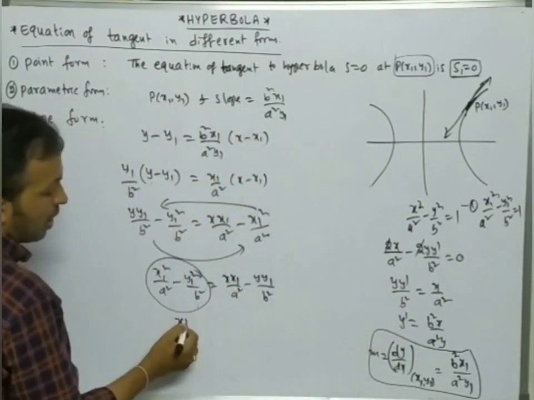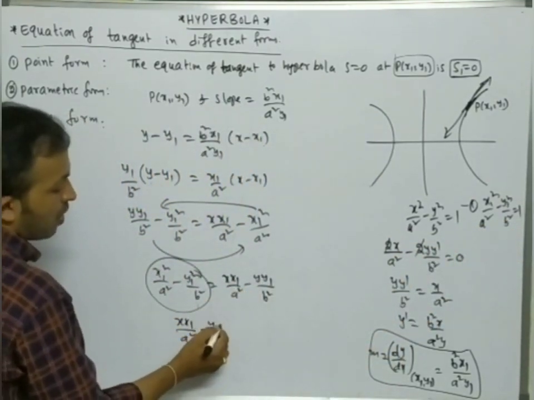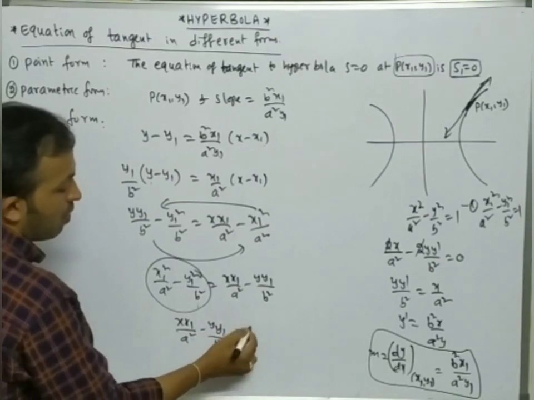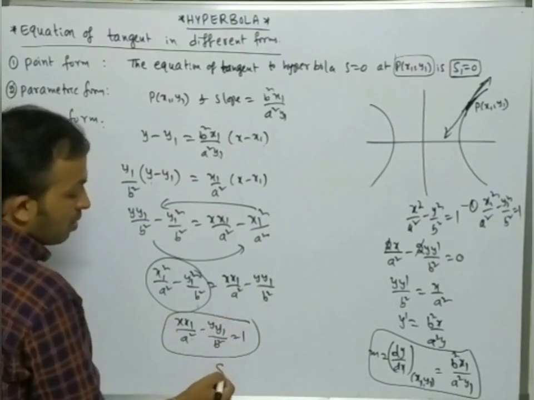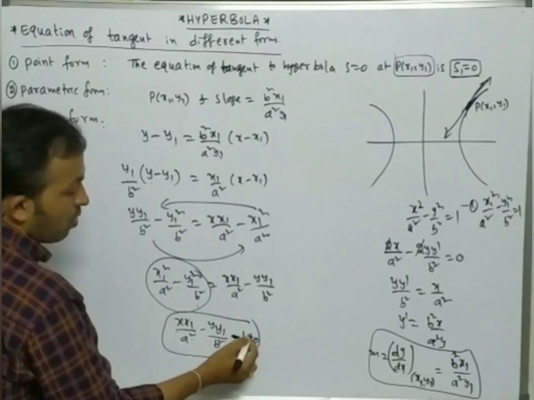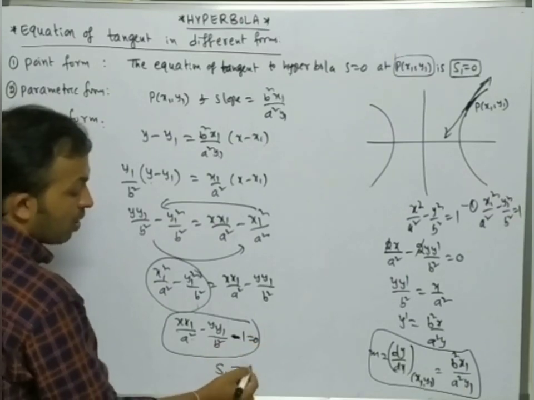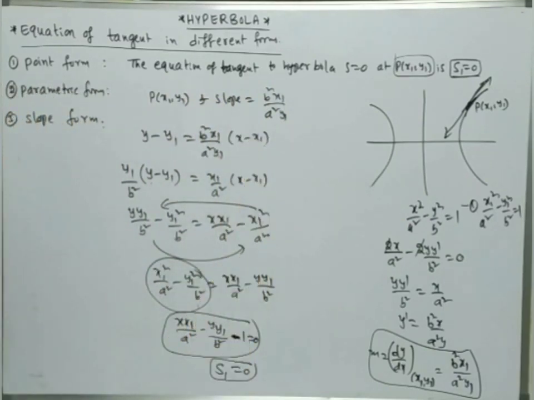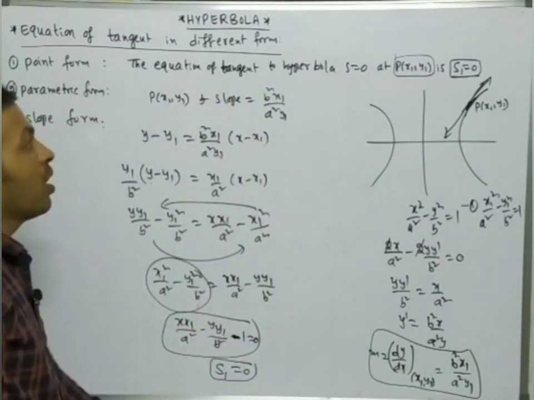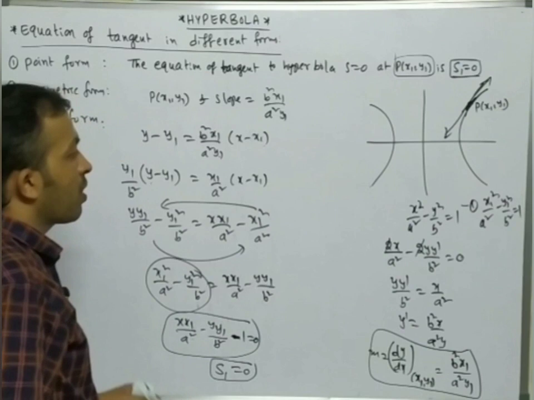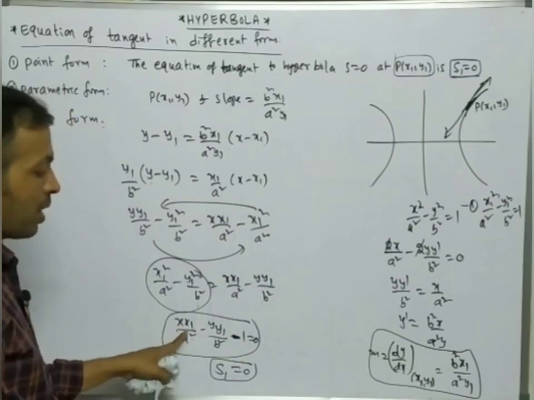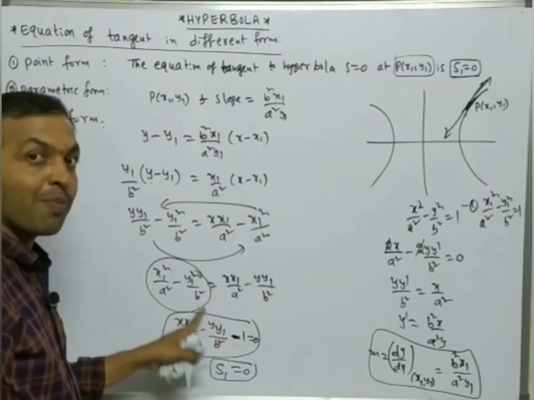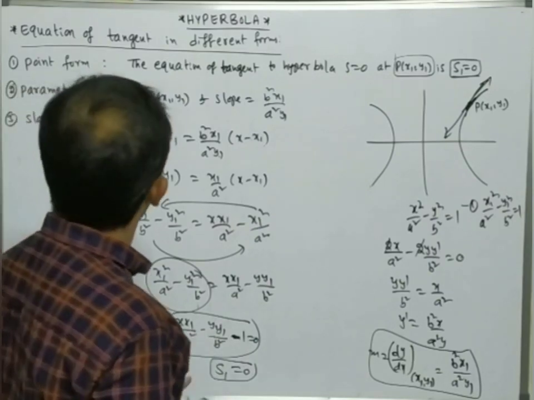So therefore finally x1 by a square minus y1 by b square minus 1 is equal to 0, which is S1 is equal to 0. So this is the equation of the tangent to the hyperbola at P(x1, y1): S1 is equal to 0. That means x1 by a square minus y1 by b square minus 1 is equal to 0, right?